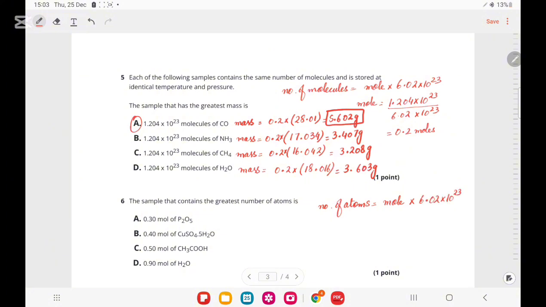For P2O5, I need to multiply by the number of atoms in P2O5. There are 2 phosphorus and 5 oxygen, so I multiply 7 with the mole and Avogadro's number.